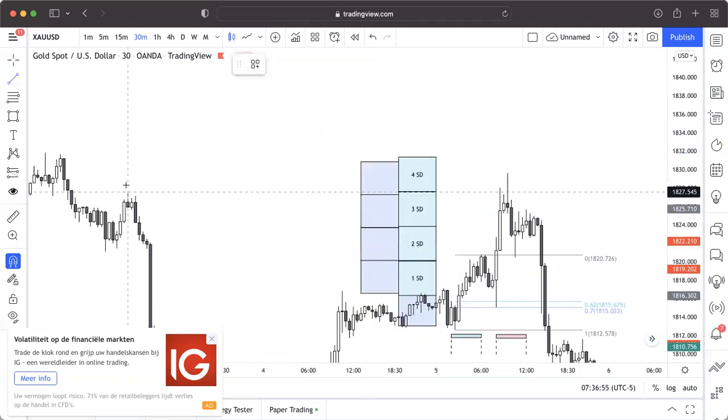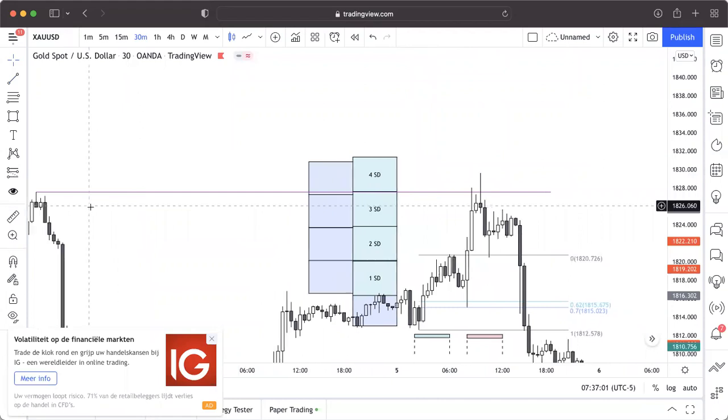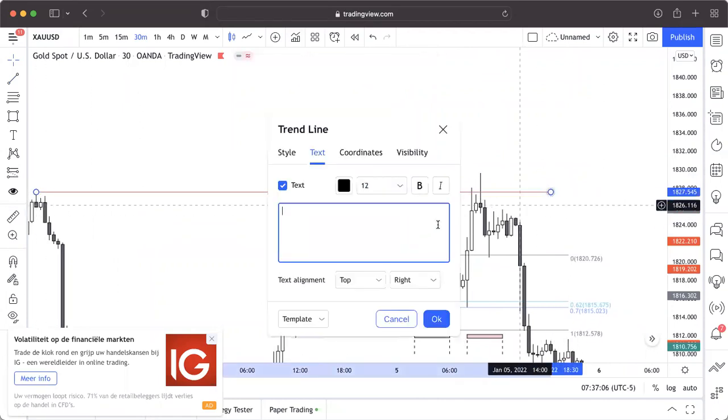Let's see this old high. See, it's aligning with 3 standard deviations, so that's what you want to choose, this old high. So that's also another way how to select your standard deviations.